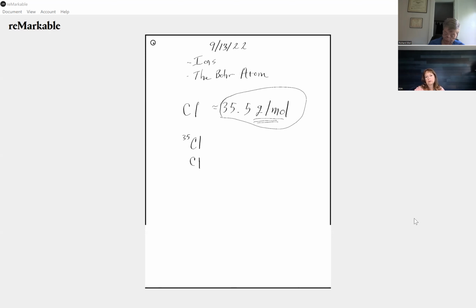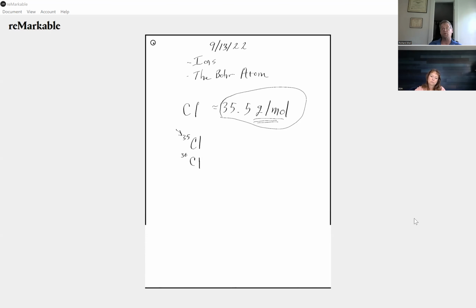There are actually others, but these are the two in great abundance. And when you isolate chlorine, you're going to get a mixture of chlorine 35, chlorine 36, and all of the other chlorines that you have. Remember that this is the atomic mass number up here.